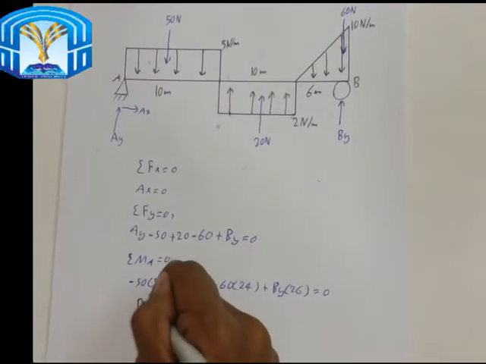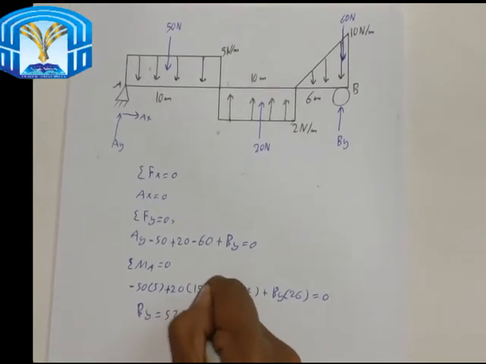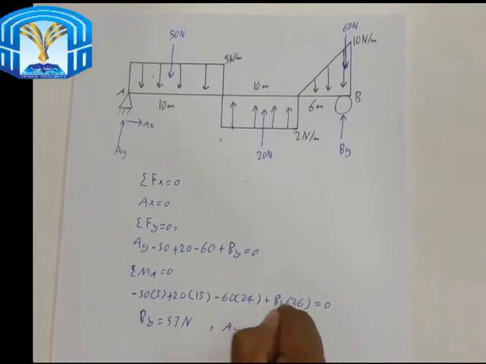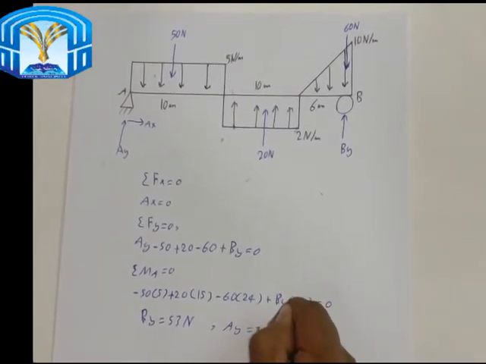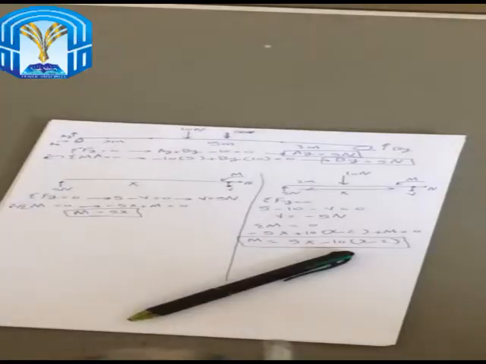So BY will be equal 53 Newton, and going back to this equation, AY will be equal 37 Newton.